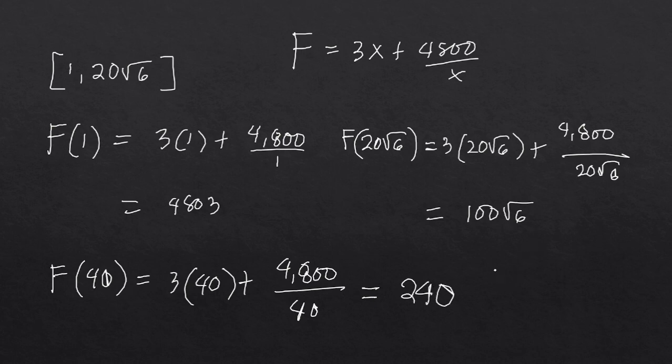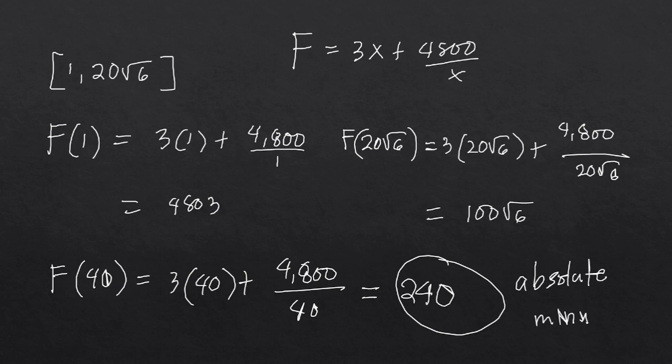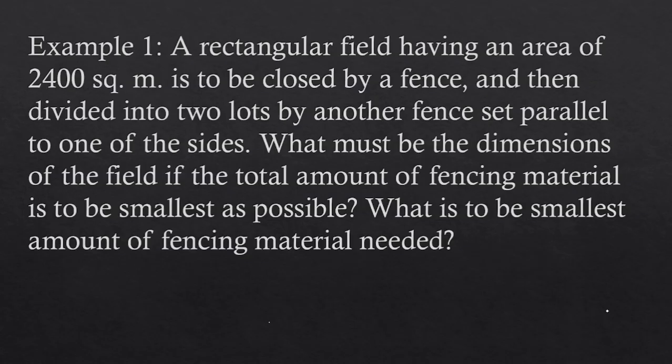So as you can see, the least value that we have here is this one. So it is the absolute minimum. And that is the one that we are looking for in the problem, the absolute minimum.